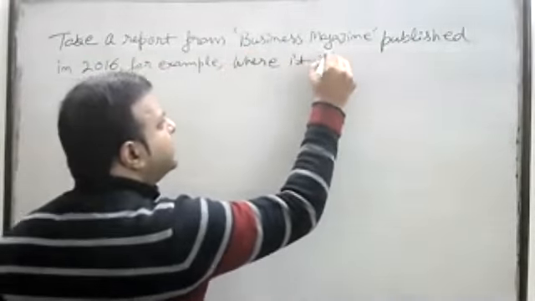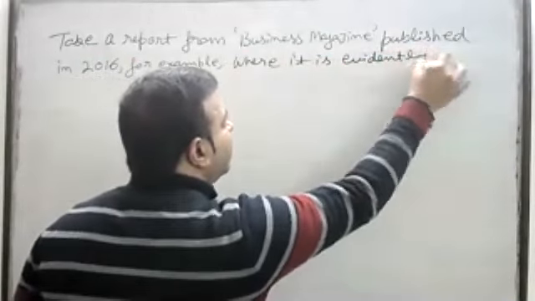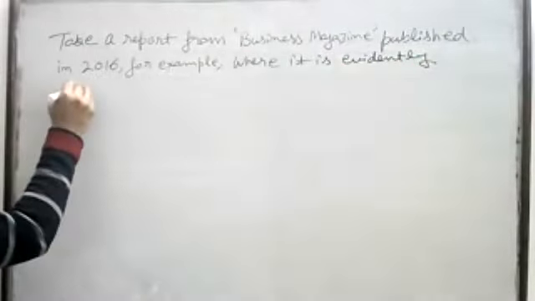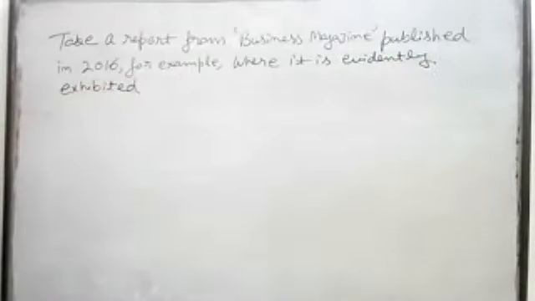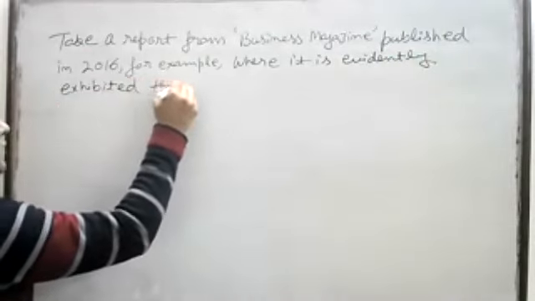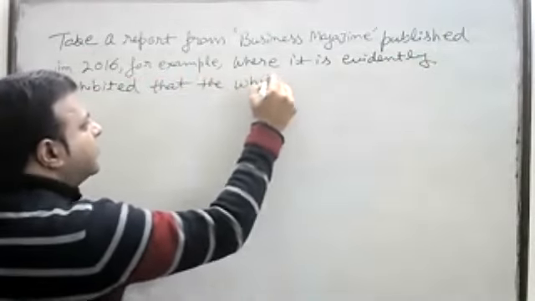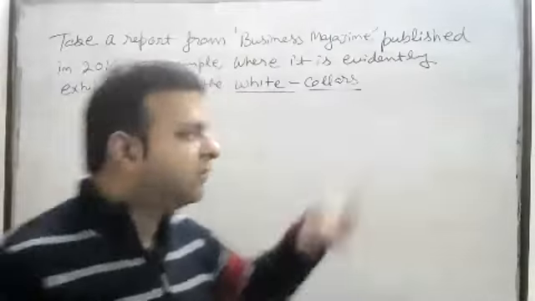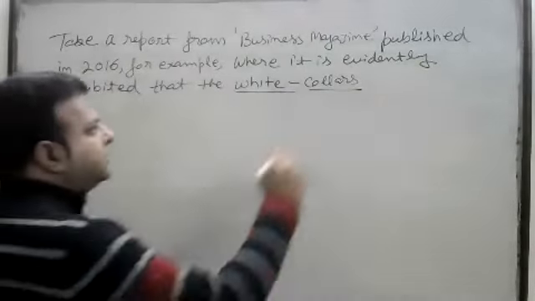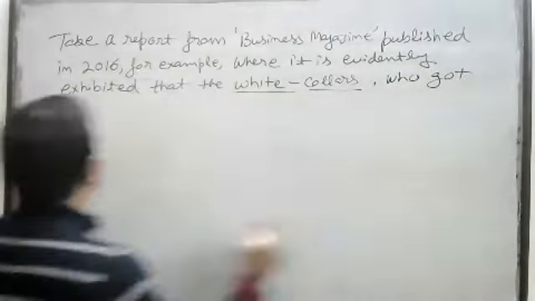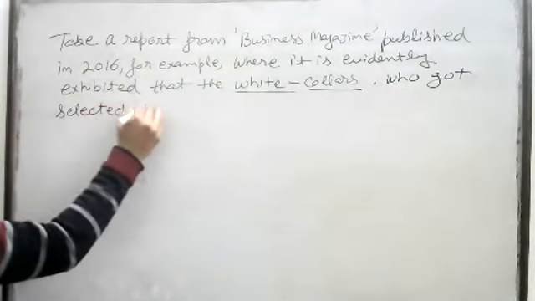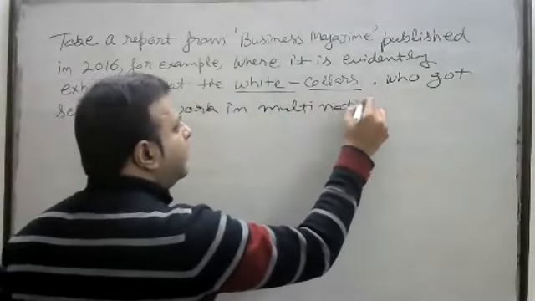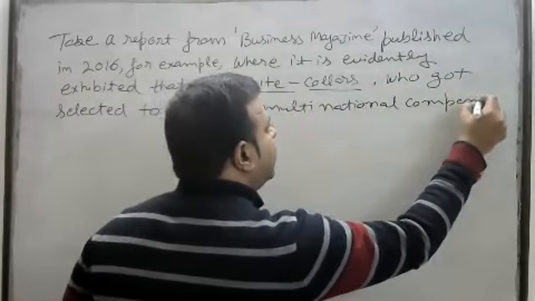Where it is evidently, evident means clear, right? Where it is evidently exhibited, exhibited means showed, right? Evidently exhibited that the white collars. Now we did this vocabulary for your office workers, right? So exhibited that the white collars who got selected to work in multinational companies, right?